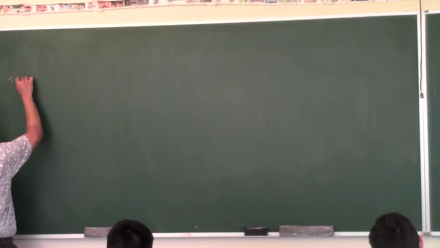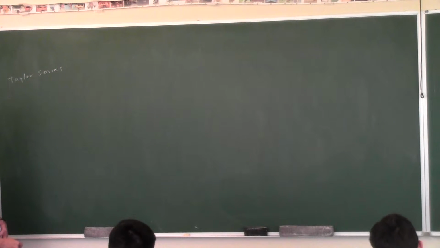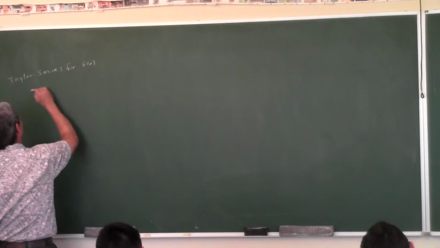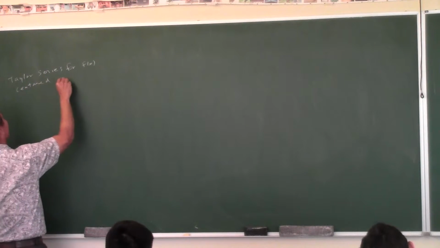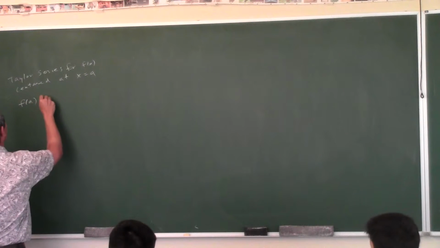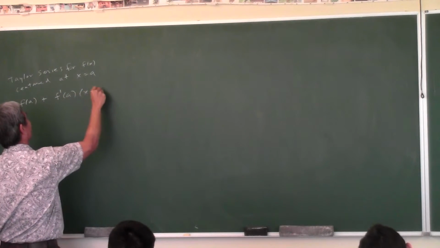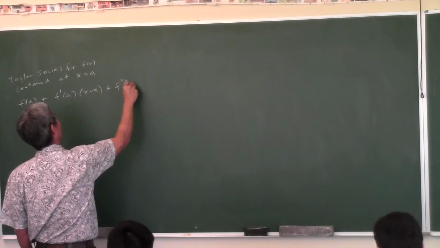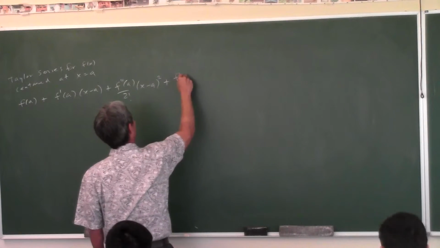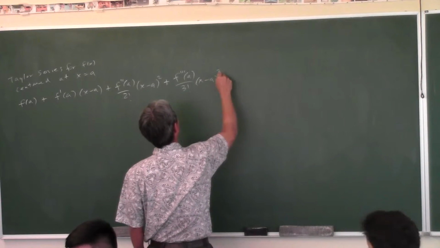Okay, what the heck is a Taylor series? Well, if you look in your book, the Taylor series for a function f of x centered at x equals a, this is a definition by the way, is simply f of a plus f prime of a times (x minus a) plus f double prime of a over 2 factorial times (x minus a) squared plus f triple prime of a over 3 factorial times (x minus a) cubed plus dot dot dot.